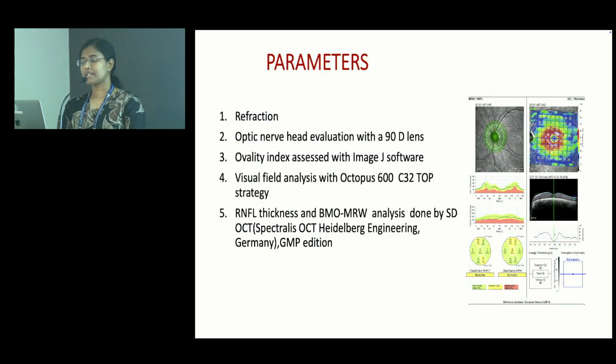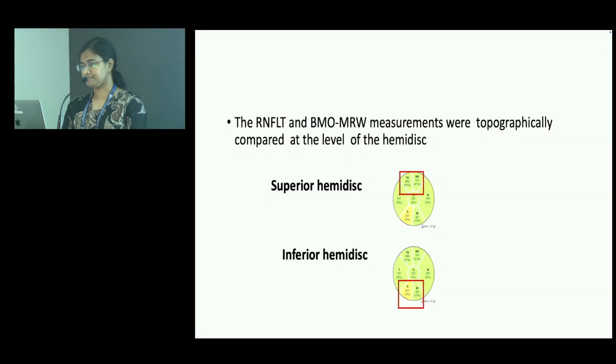All patients underwent complete ophthalmic evaluation including refraction, optic nerve head evaluation, ovality index assessment, visual field study, RNFL thickness and Bruch's membrane minimum rim width analysis. The RNFL thickness and BMO-MRW measurements were topographically compared at the level of hemidisc. The 2 superior sectors are included in the superior hemidisc and 2 inferior sectors are included in the inferior hemidisc.